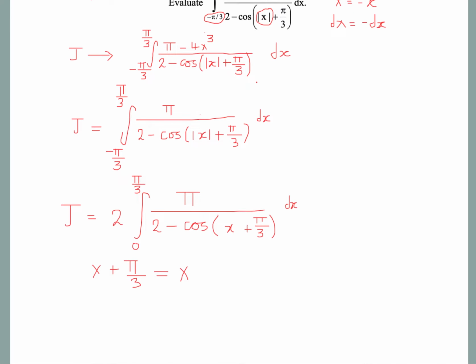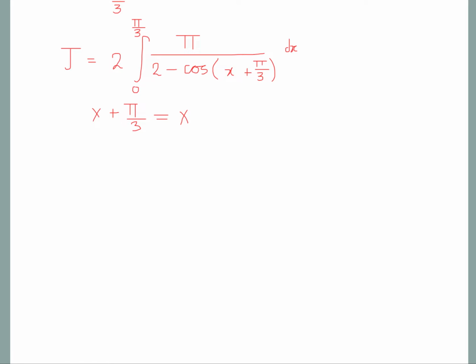So let's just scroll down a bit. Well, let's think about the limits. First of all, I just want to factor this pi out, just because I think it looks a bit nicer if you do it like that. And our integral is going to be between, well, when x is pi on 3, we get 2 pi on 3. And when x is 0, we're just going to end up with pi on 3.